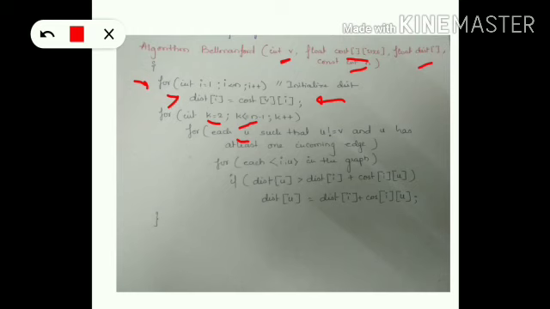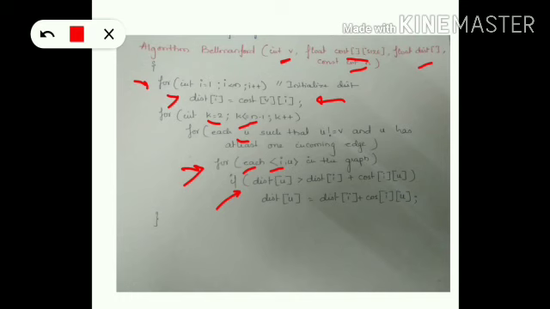So we try to find out, is there any intermediate edge to reach u? That is, if we have an intermediate edge such that I have an edge from i to u in the graph, then I first try to compute the distance of u, that is distance of an edge coming directly from the source vertex v to u.